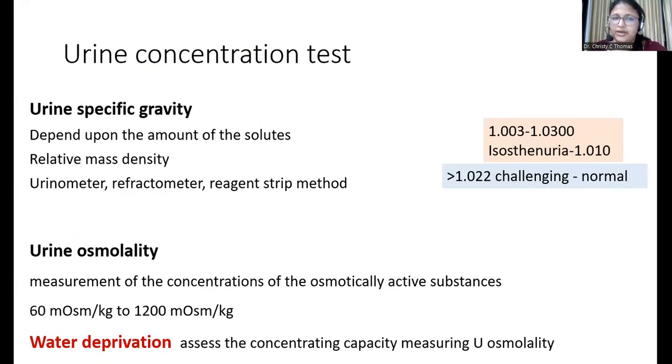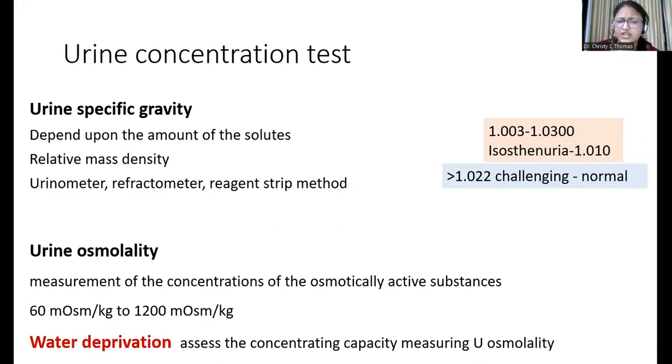The normal range is 1.003 to 1.030. Isosthenuria is when you have a urine specific gravity of 1.010, and after challenging, if the patient is able to mount a urine specific gravity of more than 1.022, that means the concentrating capacity is intact.